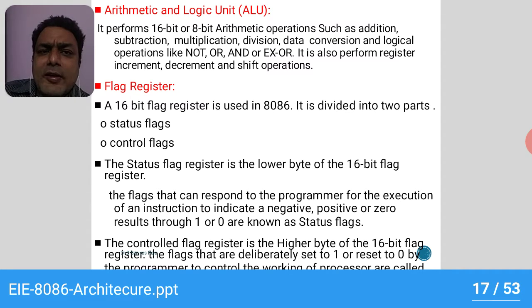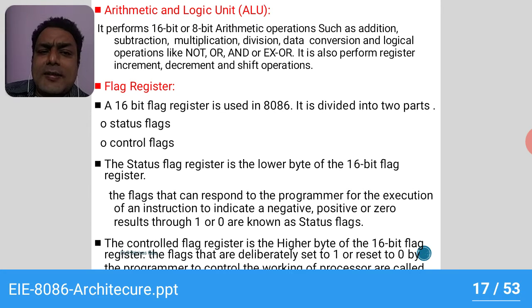We are also having the flag register. This is a 16-bit flag register used in 8086. The flags are divided into 2 parts, that is the status flags and the control flags.